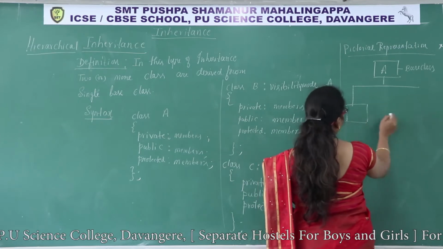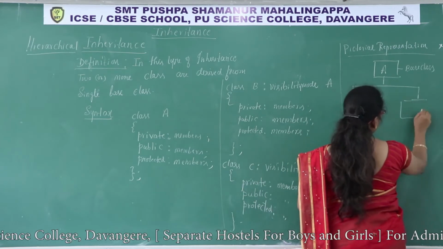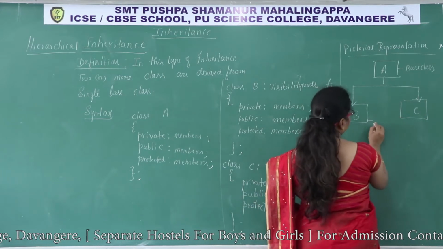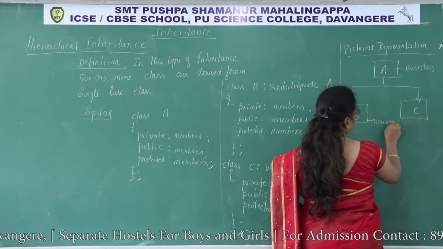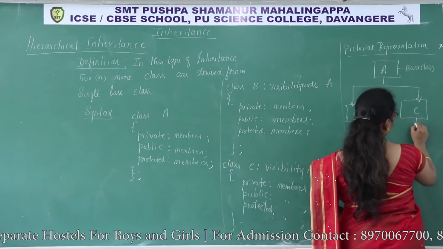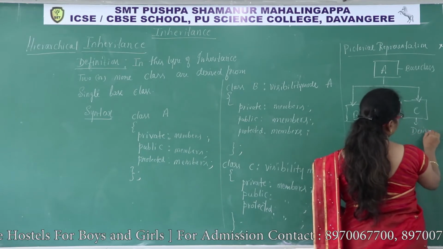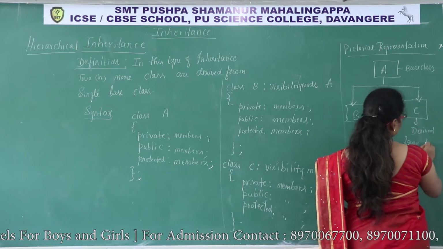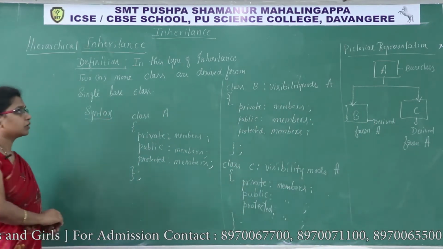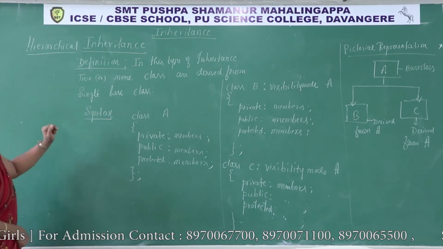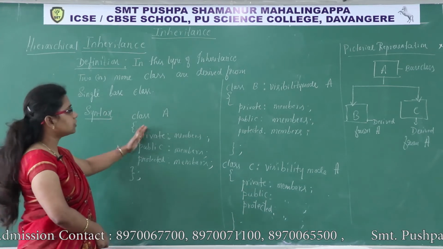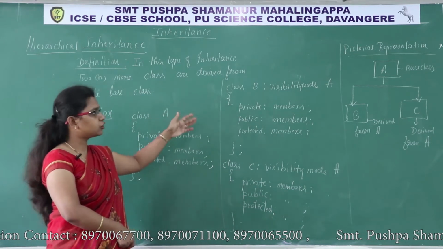From this class we have derived two classes named B and C, both derived from A. Understood? So when they ask to explain hierarchical inheritance, first you need to write the definition, syntax and example. Later I will show the program.